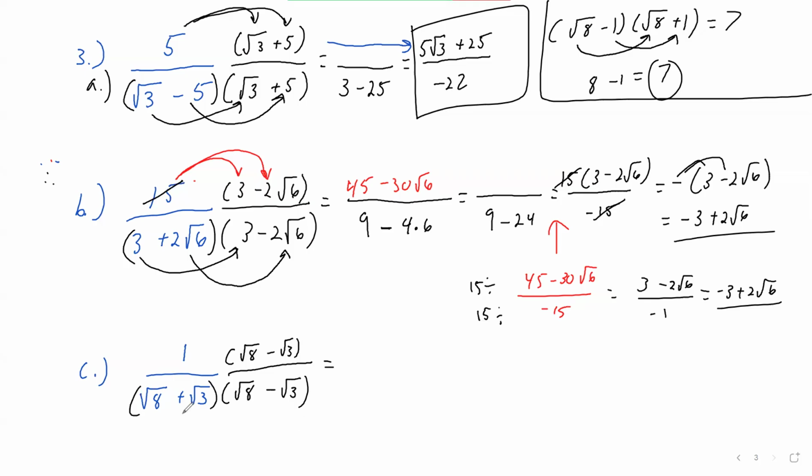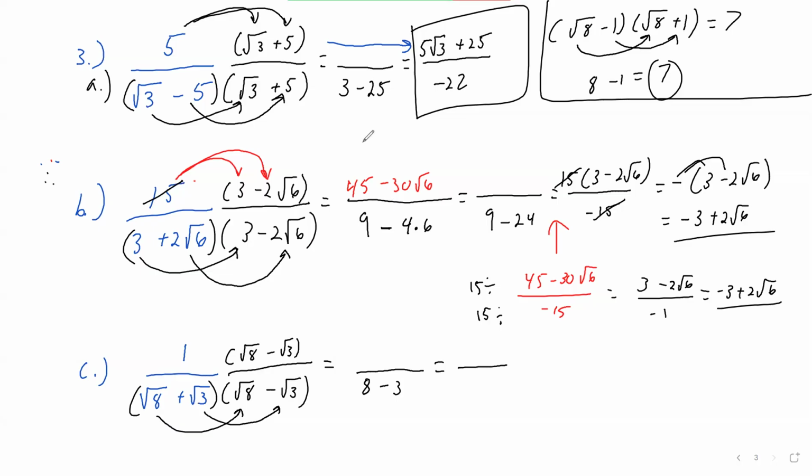Because they are the same with different signs, I can just multiply the first and multiply the last. So square root of 8 times square root of 8 is 8. Square root of 3 times negative square root of 3 would be negative 3. And then 8 minus 3 gives me, no, in this case, you would be subtracting, always subtracting.